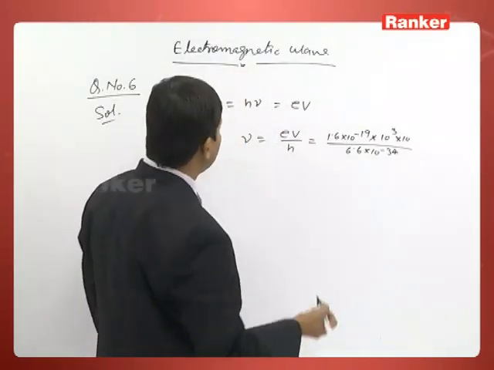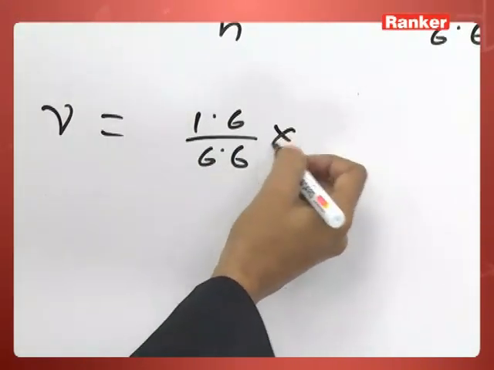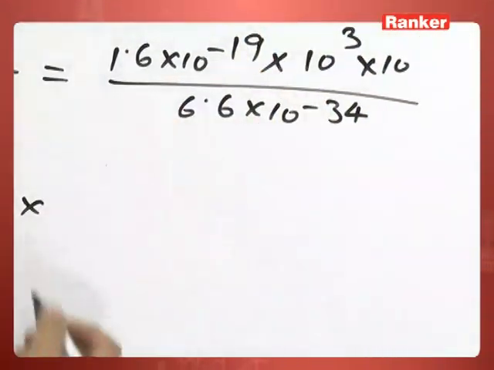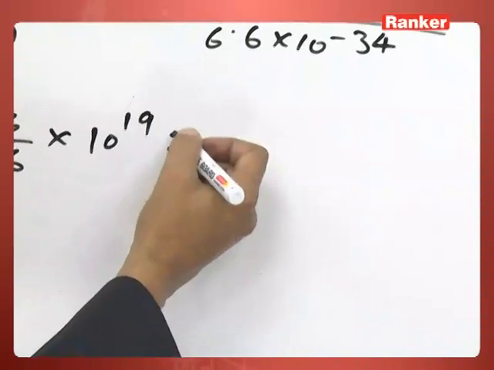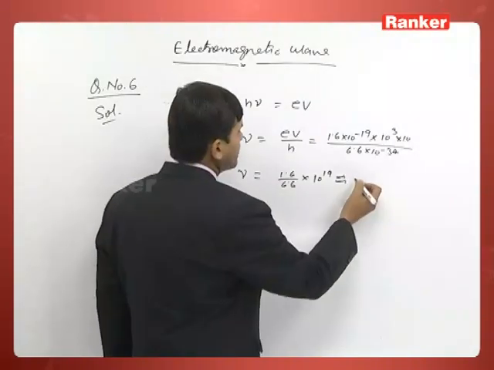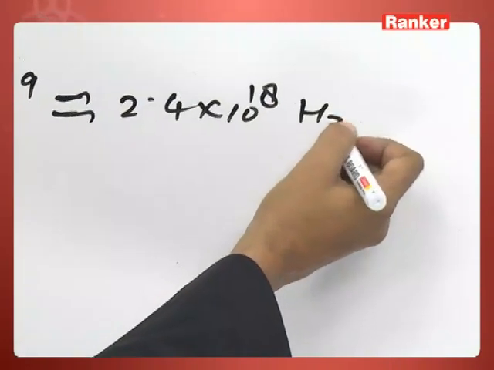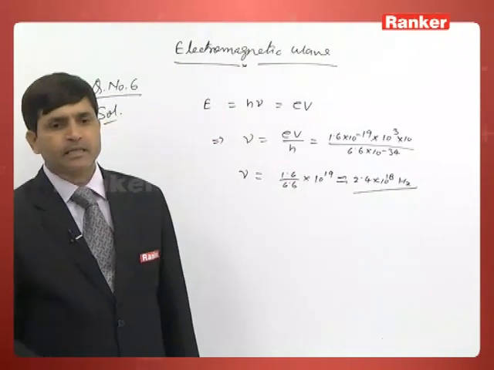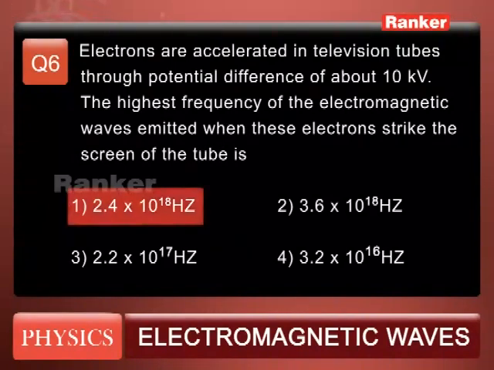Now we simplify this: 1.6 by 6.6, times 10 to the power 34 plus 4 minus 19. When we solve it, it comes to around 2.4 × 10^18 Hertz. So this is the frequency of the electromagnetic radiation. So our correct option is option number 1. Hence answer 1 is the correct answer.